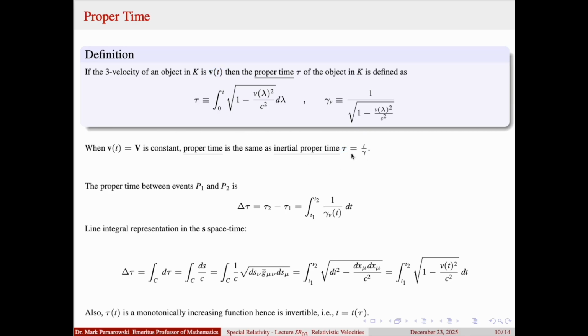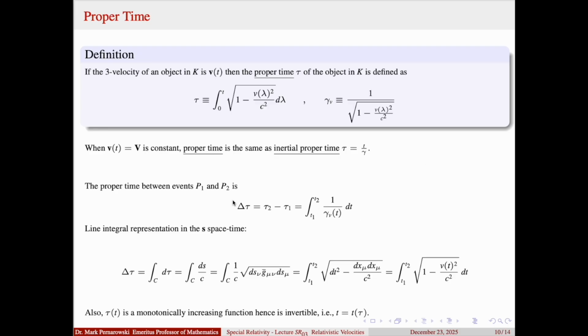And the inertial time, as we know, is the time that the person in the moving frame sees. So this tau is the time measured in the frame that's moving with the object, even if that motion was not constant.